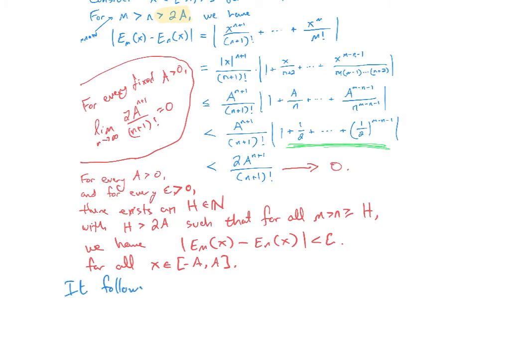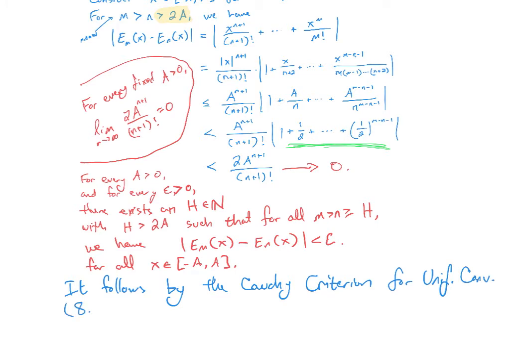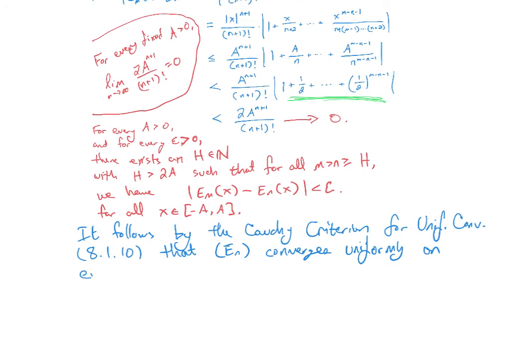It follows by the Cauchy criterion for uniform convergence, which is 8.1.10, that our sequence converges uniformly on every one of these intervals. Again, it doesn't converge uniformly on the real line, but we couldn't have hoped for that.